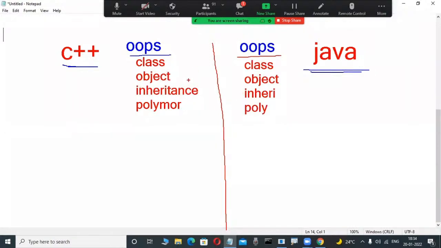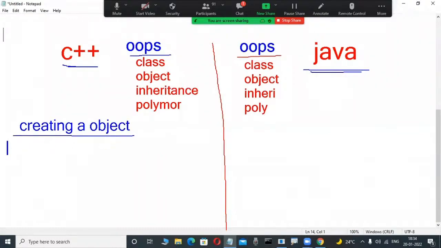Okay, C++ and Java conceptually have class, object, inheritance, polymorphism, encapsulation, binding and so on. But observe here. Anybody guess? Suppose in C++ I want to create an object from the class. What is the syntax? Anybody technical having an idea? Creating an object from the class, what is the syntax in C++?